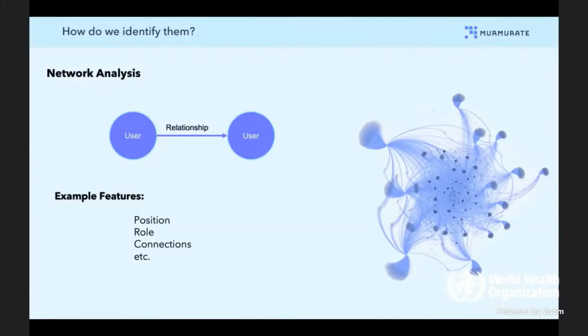Is it only connected to other accounts that in turn exhibit bot-like behavior? Or does it have a rich and diverse number of connections to others that are very likely to be humans? So we look at all of these different features in order to try and identify bots or bot-like behavior.